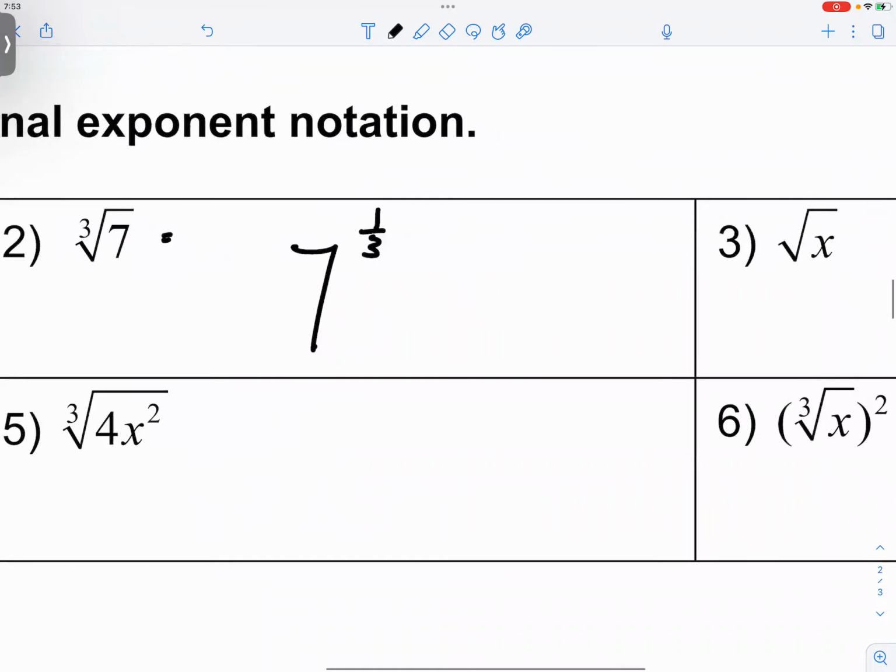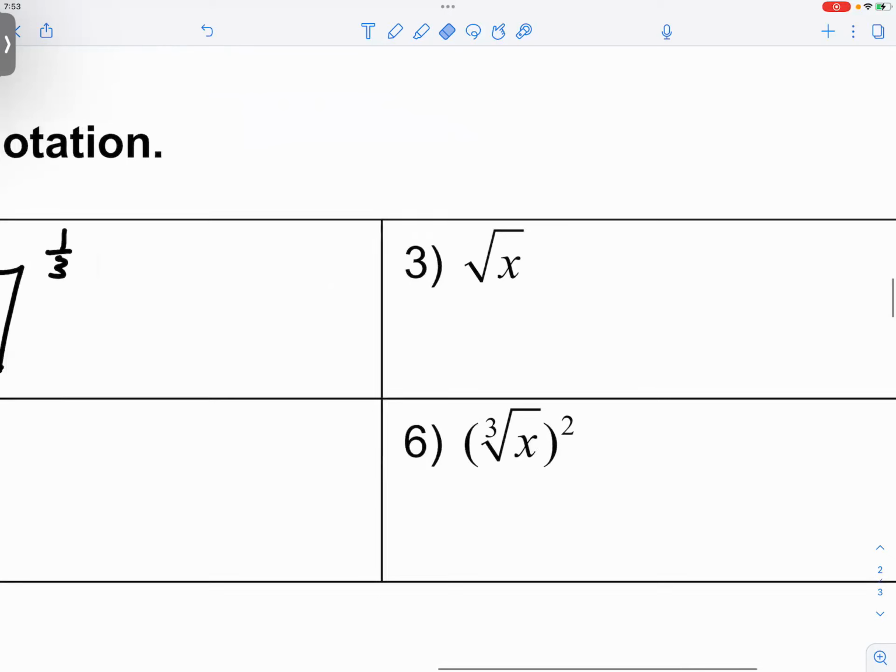The one thing that I do not want you to do will be something like this. This is laying a trap for yourself because you are not trying to differentiate the items right here. So 1/3 is the exponent, right? It's smaller. 7 is the main number, right? It's the base, right? It's bigger.